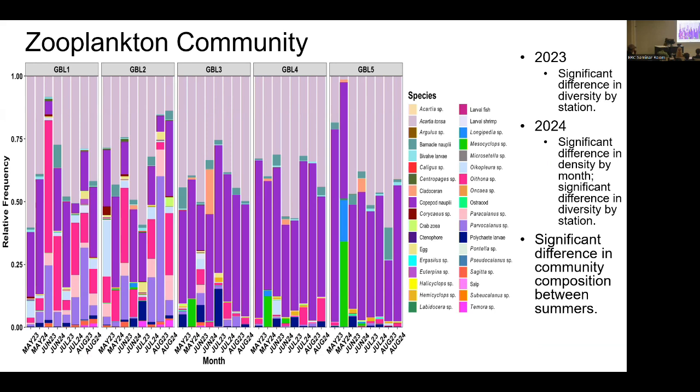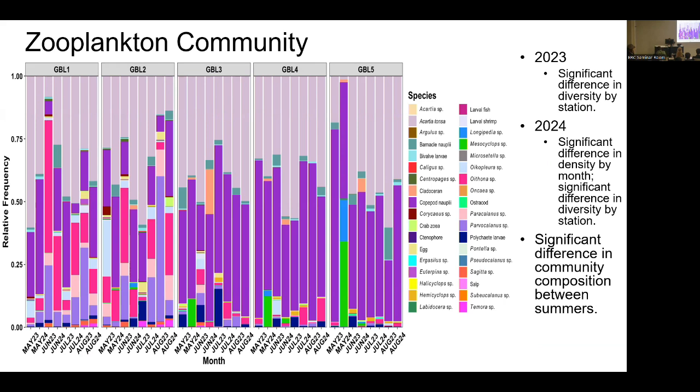So specifically, something I want to point out in 2023 versus 2024 is this light pink color, which is a copepod known as Paracalanus, which is also a calanoid and is known to prefer higher salinity environments and to have a lower tolerance range in terms of that. And you can see that actually in 2024, specifically as you move forward, it's absent or in much smaller numbers at station 3, whereas you can see in June of 2023 that it was still present.